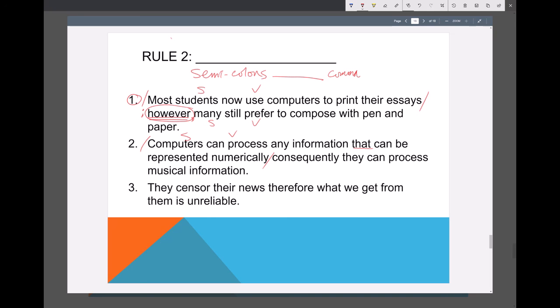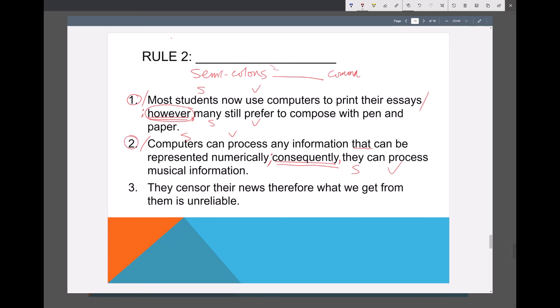And then you have the semicolon here. Consequently, comma, they can process musical information. Okay, so consequently is the transition word. Then you put the semicolon before the word and comma after it, if it's in one sentence.